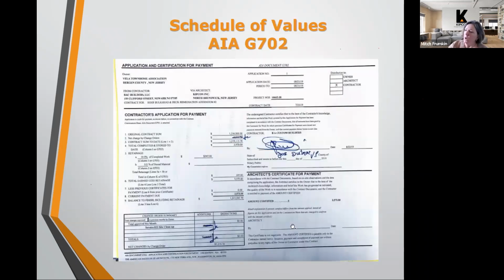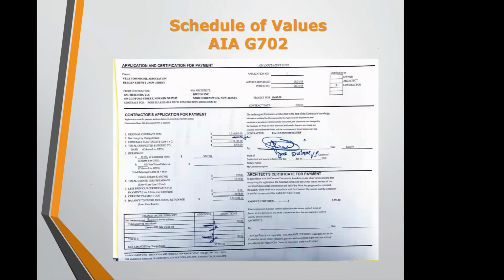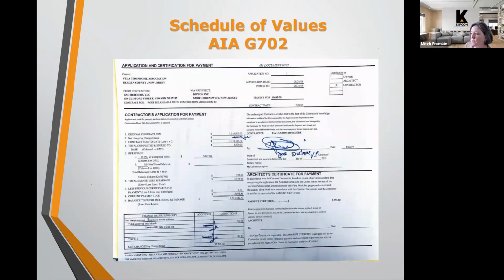Okay, so here's an example of a request for payment, an application for payment. This is a very standard form, and this is what a contractor will submit when they are done with the project or a certain portion of the project, and they're invoicing. Oftentimes that could be monthly, and it's defined by the contract.